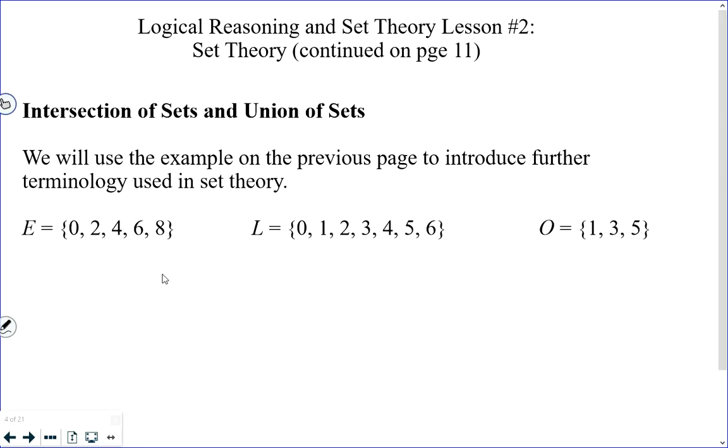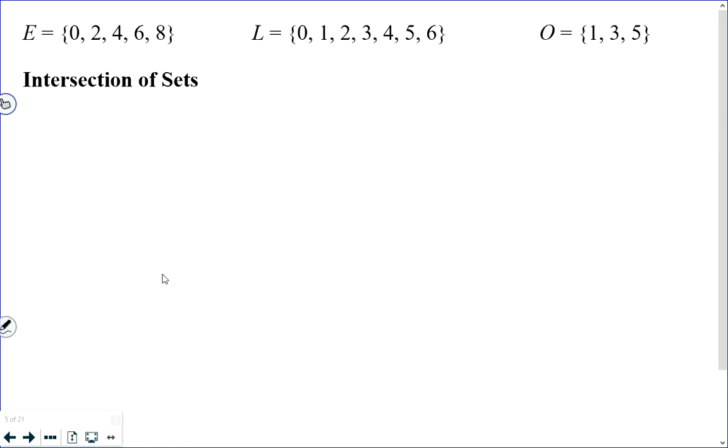These all had to do with non-negative single-digit numbers that were less than 10. Set E was the set of even numbers within that universal set. Set L was the set of numbers that were less than 7 in that universal set. And set O was the set of odd numbers less than 7 in that set. So we're going to use those three sets.